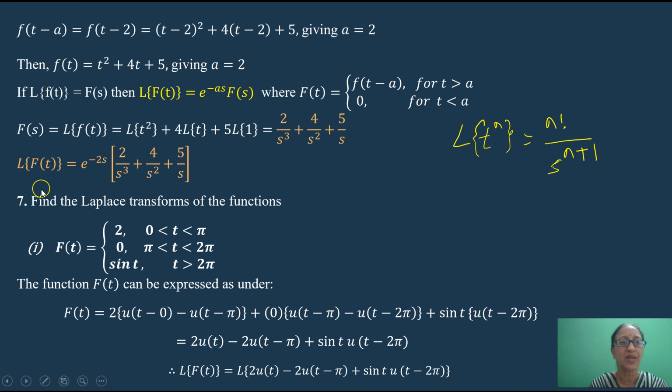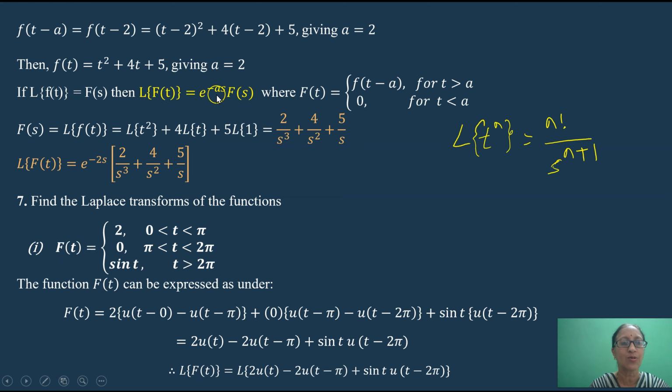So this is the Laplace transform of small f of t, but we need the Laplace transform of capital F of t. So to get the Laplace transform of capital F of t, we should use this formula, e power minus as f of s, that is e power minus as into the Laplace transform of small f of t, that is e power minus 2s into this whole expression 2 by s cube plus 4 by s square plus 5 by s.